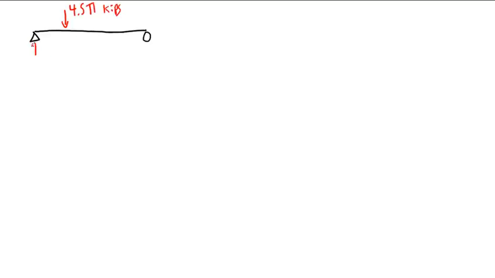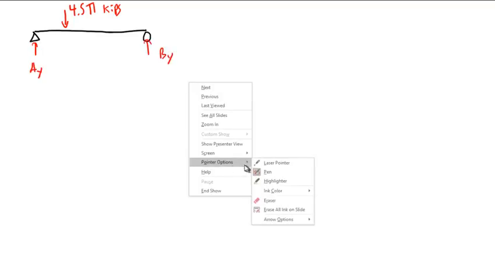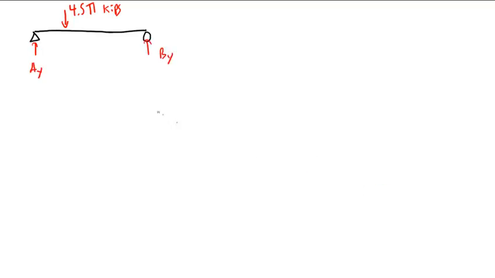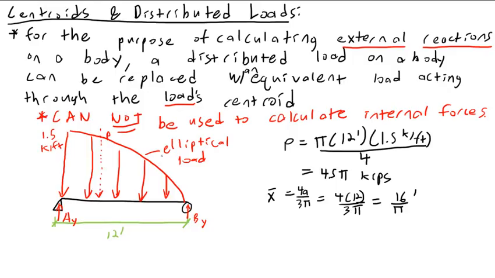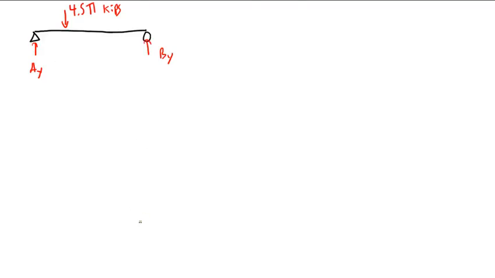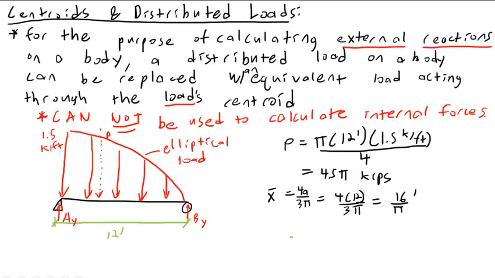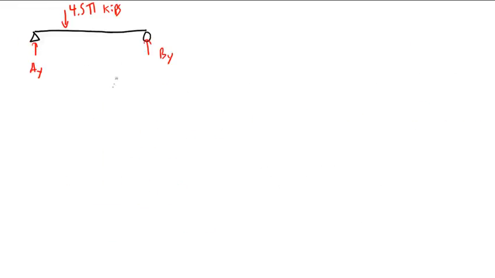And we have AY and BY. And this thing is at a distance from the left of 16 over pi feet. Is that realistic? 16 over pi, what is that approximately? That's about 5 point, yeah, that's about right. That looks about right. 16 over pi feet.